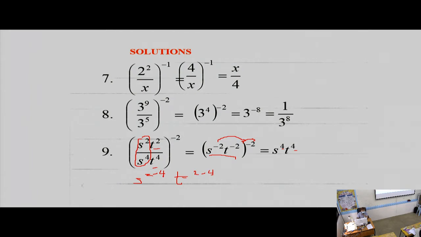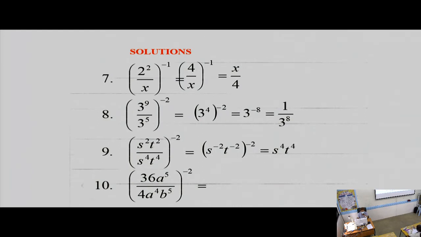And for the last number, number 10, 36a to the power of 5 over 4a to the power of 4 b to the power of 5, all to the power of negative 2. What is 36 divided by 4? 9.